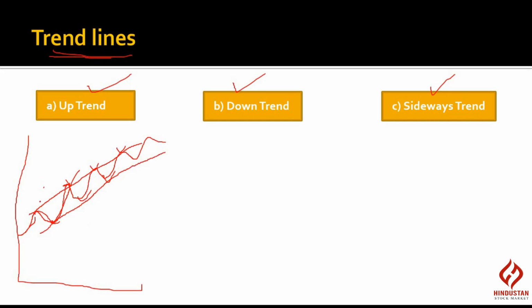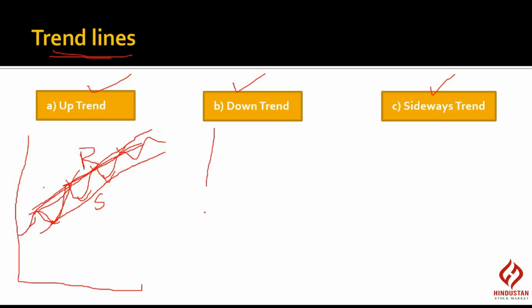So these higher highs, if you join these higher high points, then this works as an important resistance, because whenever a stock price comes near this particular line, right, this uptrend line, it has taken reverse, right? So similarly this line works as a support, right? So this is all about uptrend.